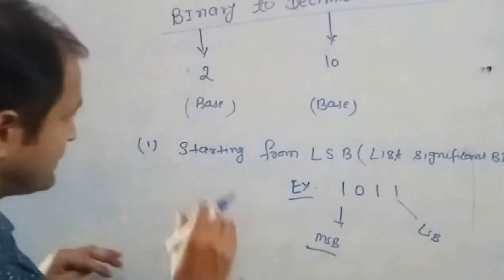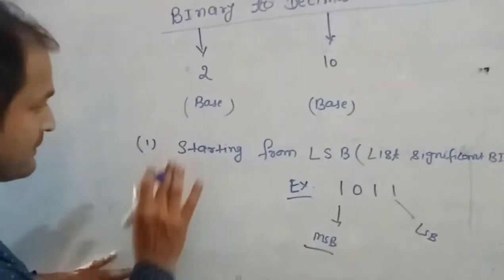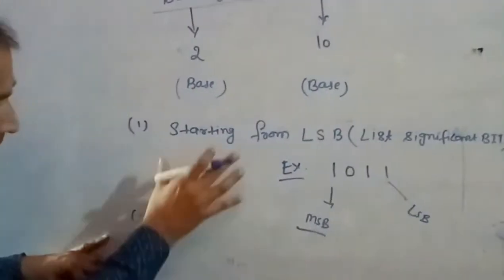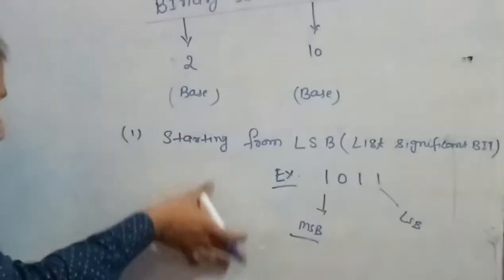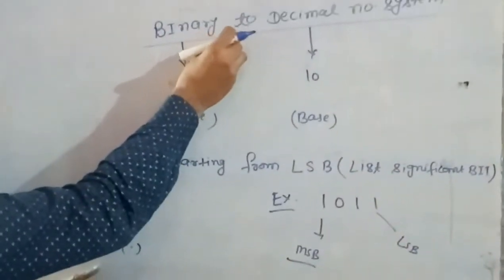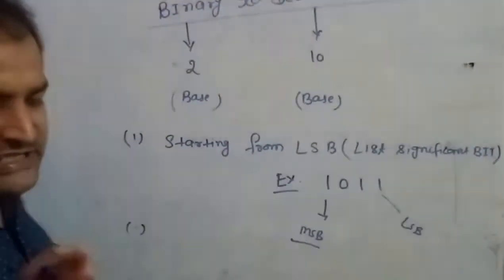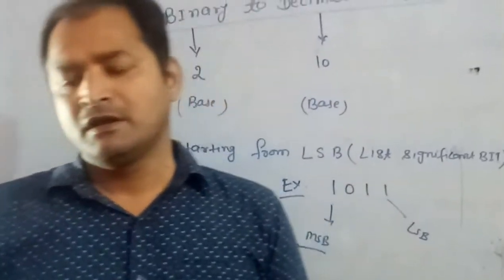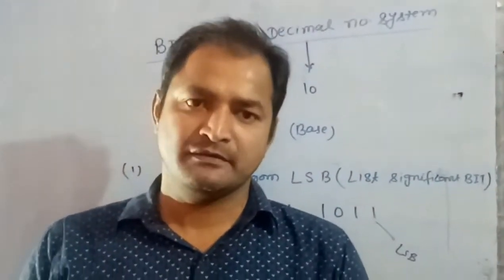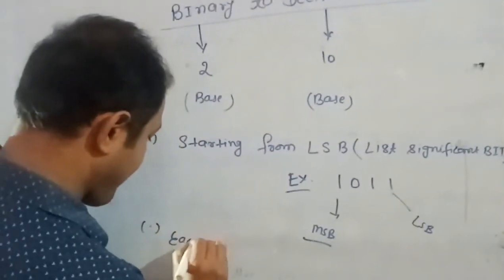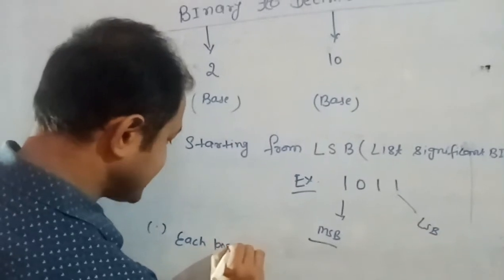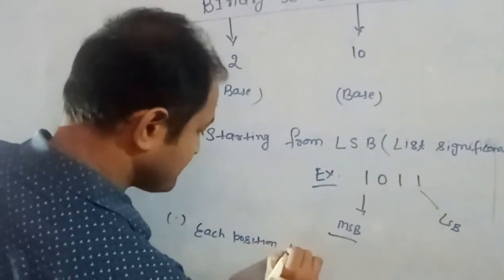Again, this is the step you always have to remember. This point is very easy. Second step: each position with 2 to the power n.